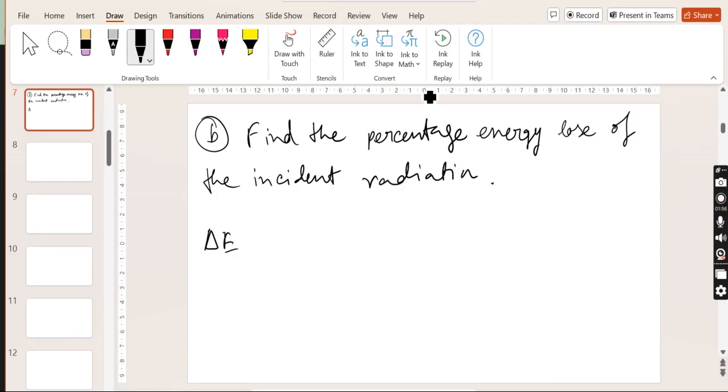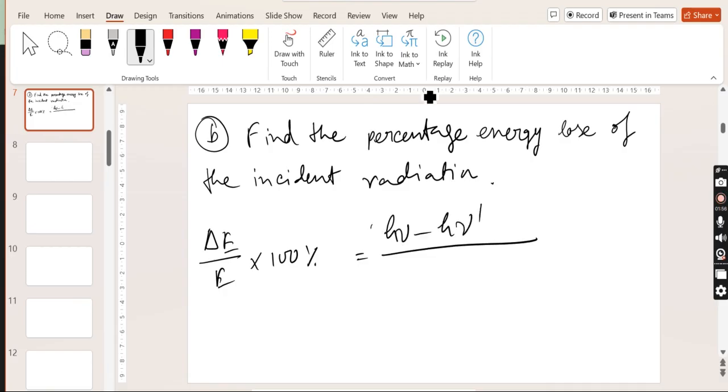So we need to obtain delta E by E into 100. Delta E will be h nu minus h nu dash, over h nu, into 100%.